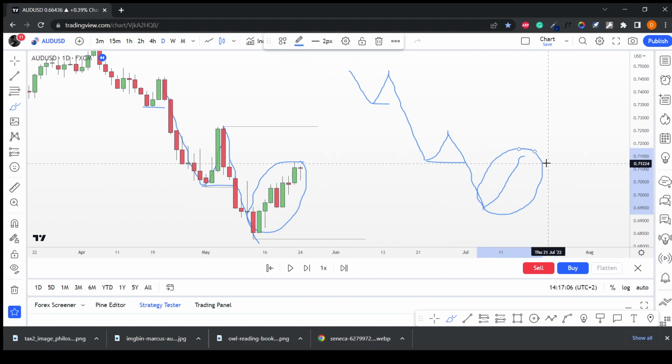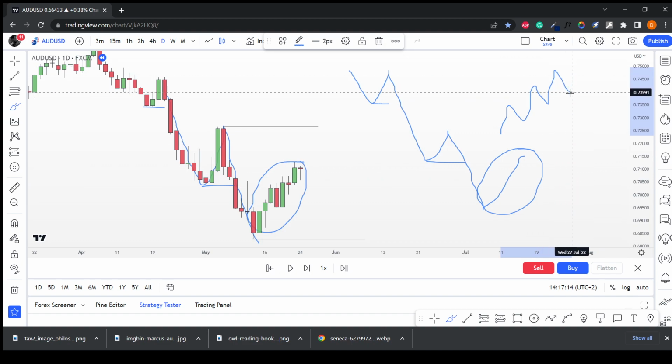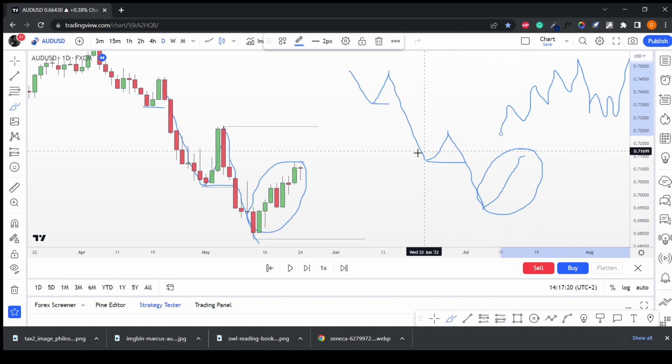And on lower time frames, it will most likely look like this. So maybe like this, and then something more to the bullish side. So you see, we know that we are in a bearish impulse on a daily, but we have bullish price action on maybe 1 hour or 15 minutes.